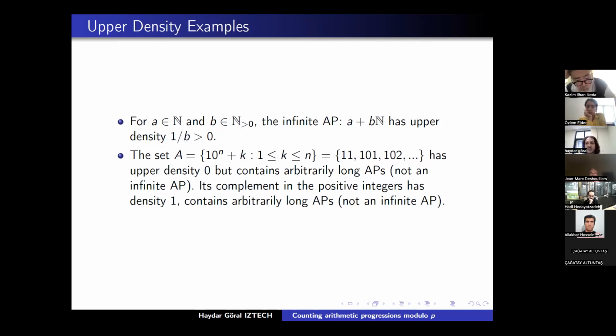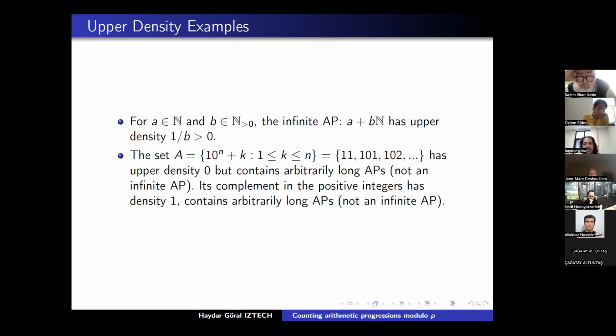It's like the logarithmic density, more or less. But as you see, it contains arbitrarily long arithmetic progressions because you forced it, right? Because whenever you have numbers between 10 to the n and 10 to the n plus n, you can find a long arithmetic progression in this set. But actually, this set is very small. Its upper density is 0.